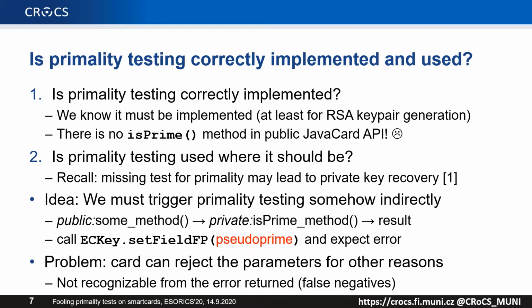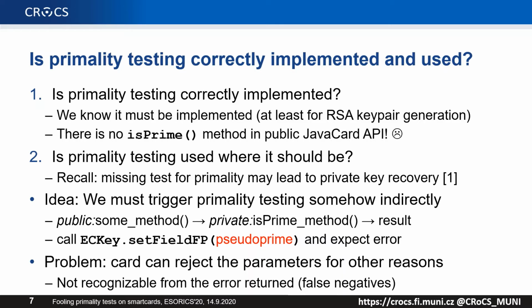But there is a problem. The card can reject the parameters we are submitting, this pseudoprime, also for other reasons than not being a prime, because we are no longer testing just one number and calling a method, hey, tell us whether this is prime or not.